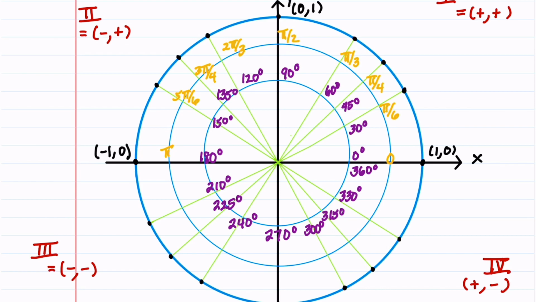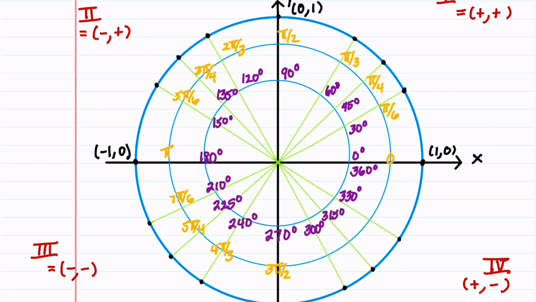We now have pi that we're going to start with. We're going to add pi over 6, so we get 7 pi over 6. We're going to add pi over 4 to pi, and we get 5 pi over 4. Then we're going to add pi over 3 to pi. We get 4 pi over 3, and at the bottom, we have 3 pi over 2. Almost done.